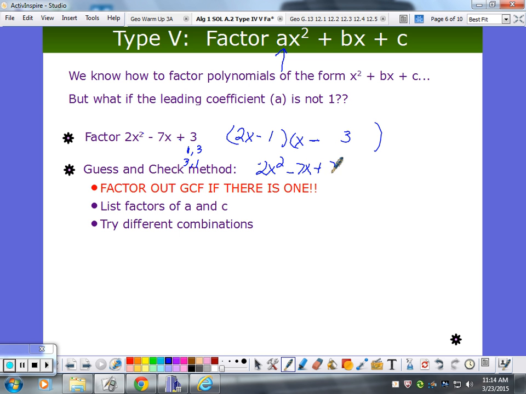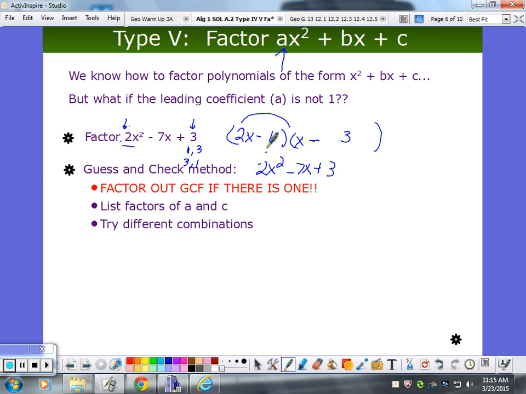Negative 7. Right here. When you're factoring, I am reverse FOILing. I am looking for a way to get 2 binomials that, when I multiply, get back here. Guess and check says guess. I'm guessing how to get to 2 and how to get to 3. The only way to get to 2 is to have a 2x and an x to get 2x squared, right?